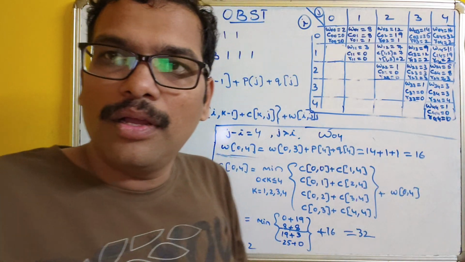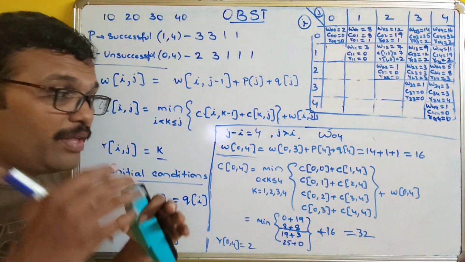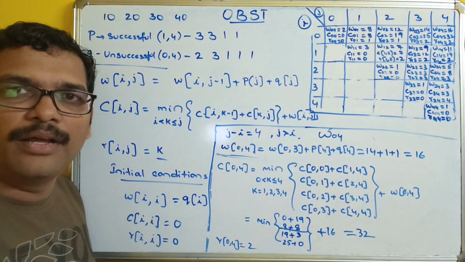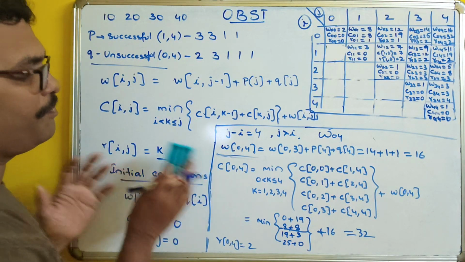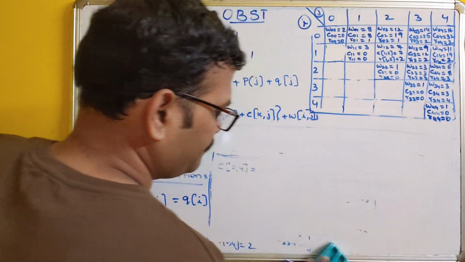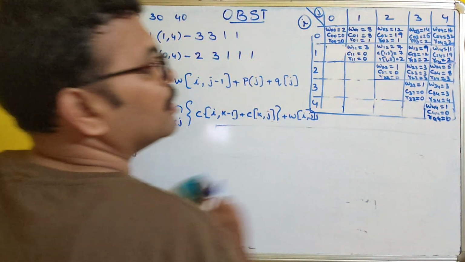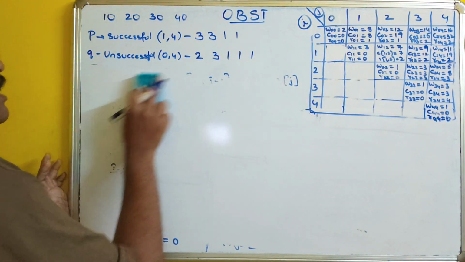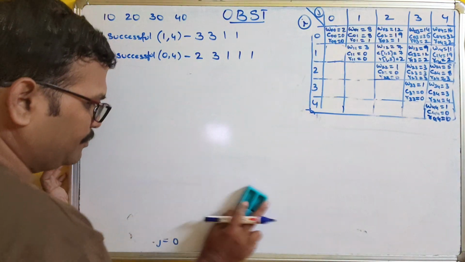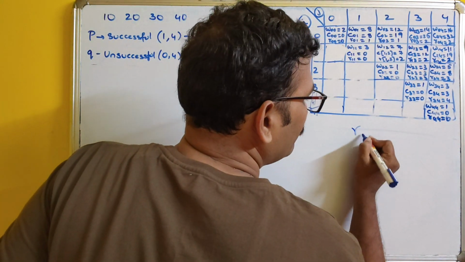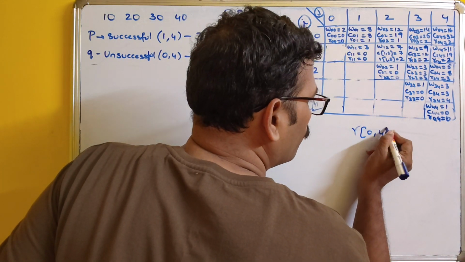If the tree has 2 elements, 3 elements, 4 elements, 1 element and 0 elements, now we need to construct the tree. Let us consider this one and let us draw the tree. So the only thing is we have to start from R of 0, 4.